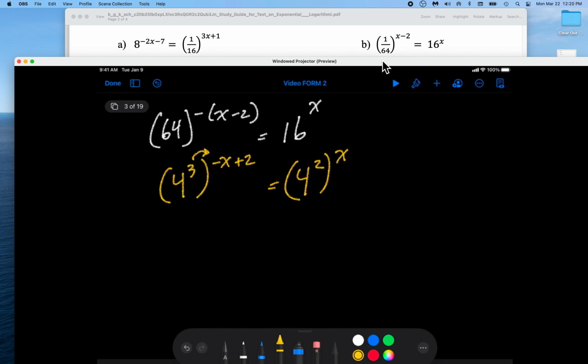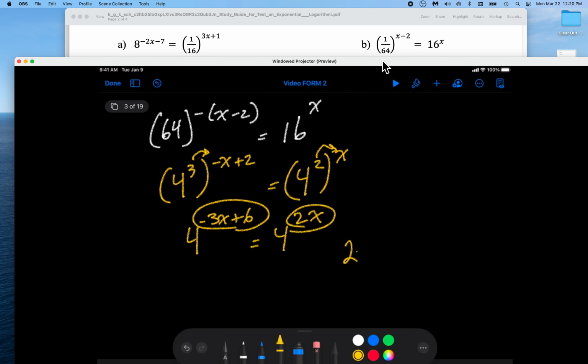We're going to distribute, and then we're going to set these equal to each other. We're going to get 4 to the negative 3x plus 6 equals 4 to the 2x. We now can set these exponents equal to each other. We get 2x equals minus 3x plus 6. 5x equals 6, and so on, and you get x equals 6 over 5.